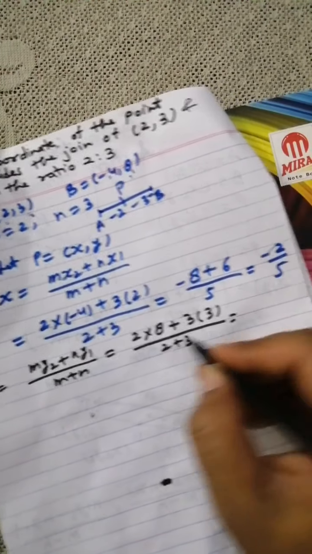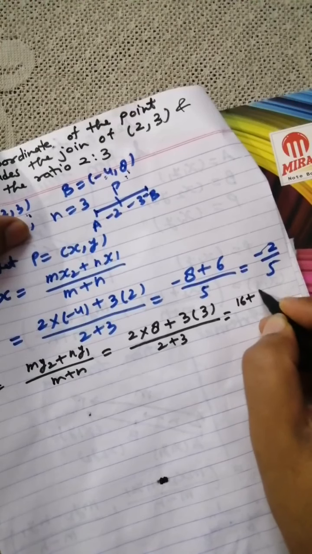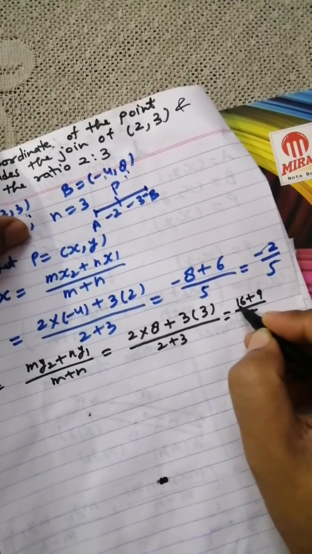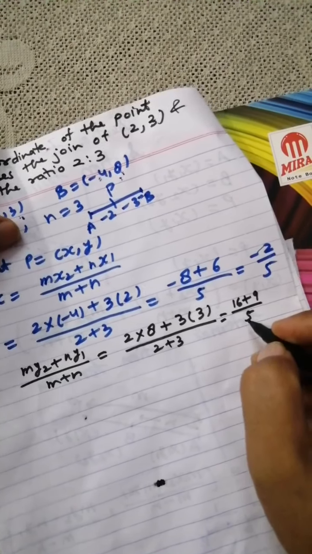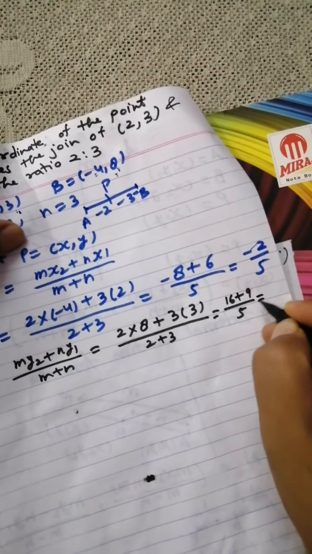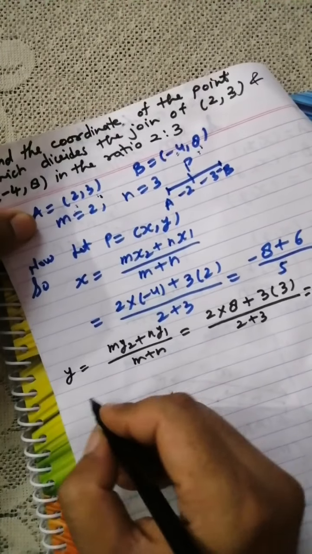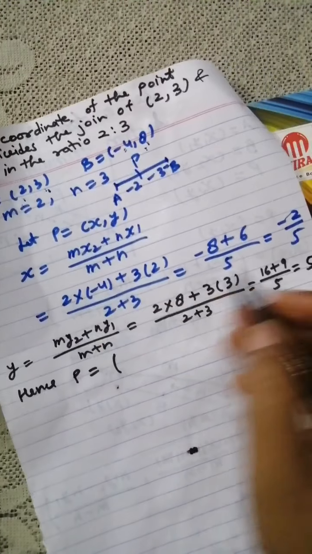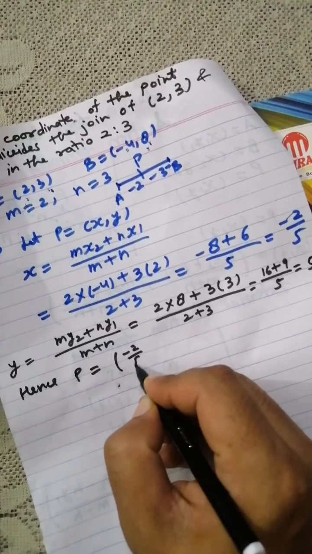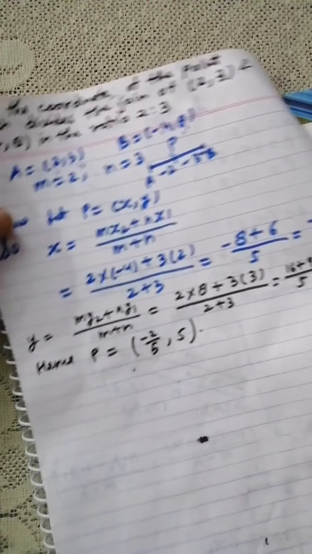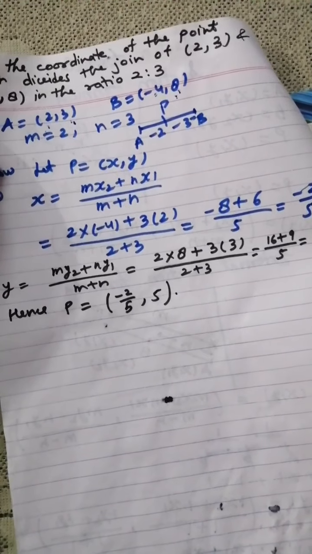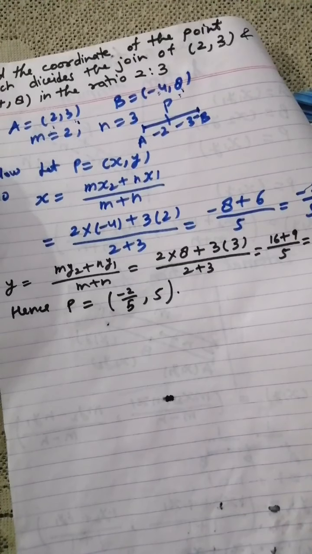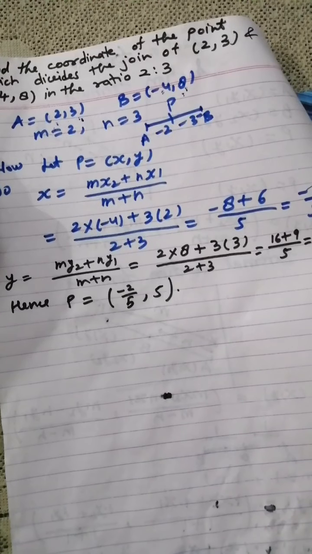Again it will be 2 times 8 is 16 plus 3 times 3 is 9, upon 5. 16 plus 9 is 25 upon 5, 25 upon 5 means 5. So here I can write hence P equals, firstly x is -2 by 5, comma 5. That is a point which is going to divide the given line segment into 2:3.